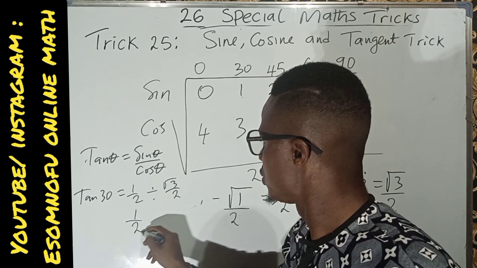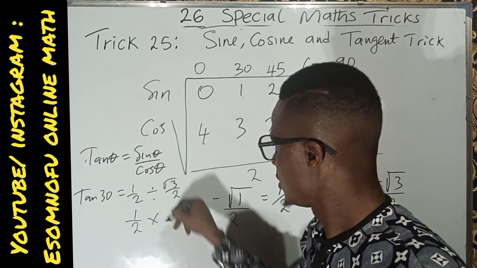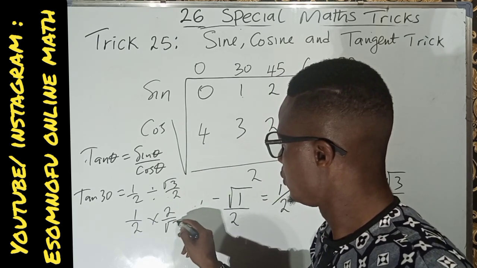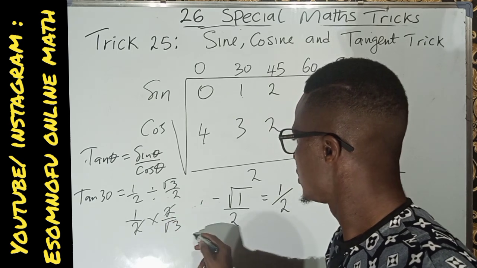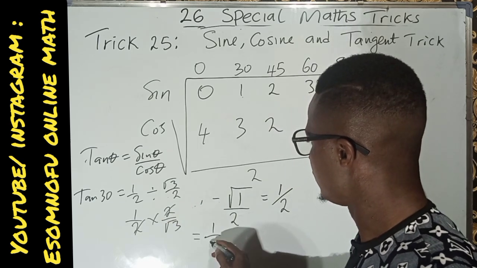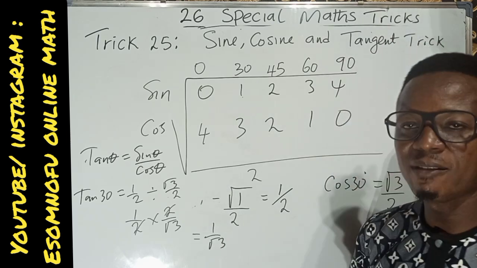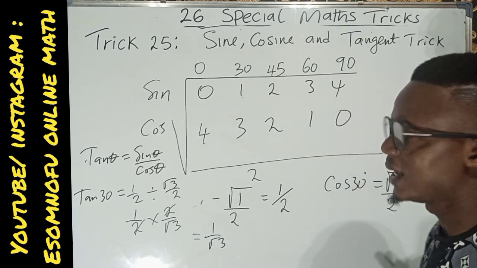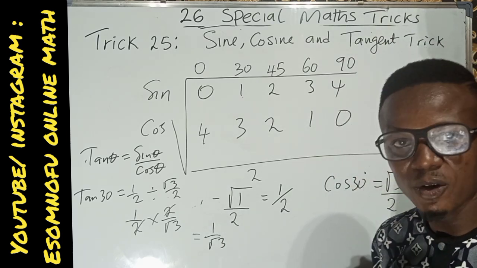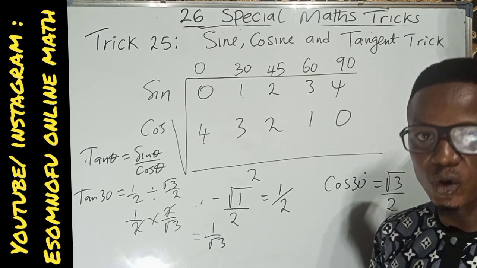This will now be 1 over 2, changing division to times, I'll have 2 all over root 3. This will cancel out. My answer is now 1 over root 3. And so whenever you get sine theta and cos theta, you can use it to get tan theta, because tan theta is sine theta over cos theta.